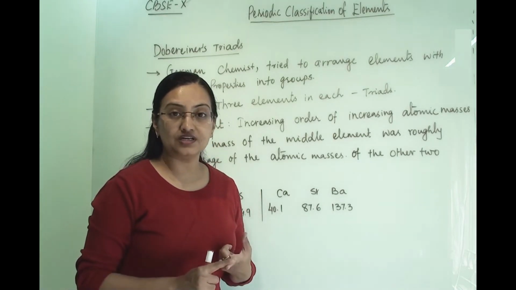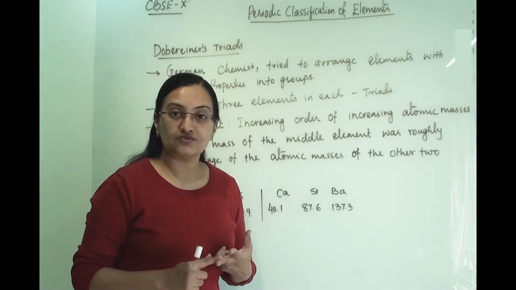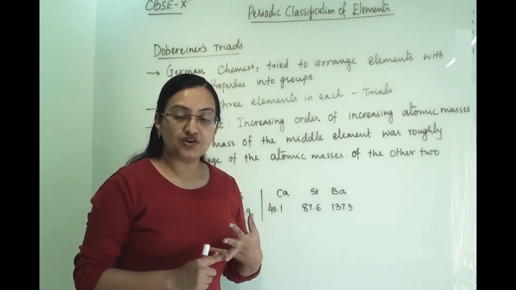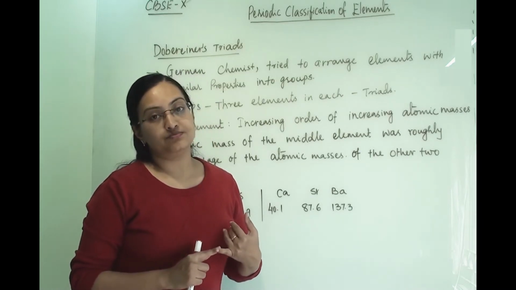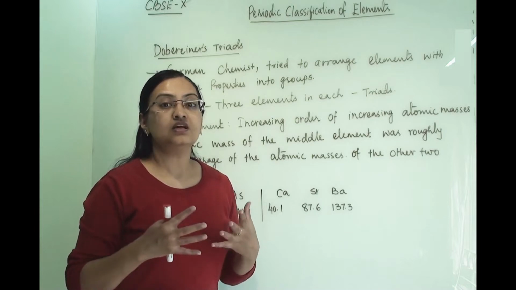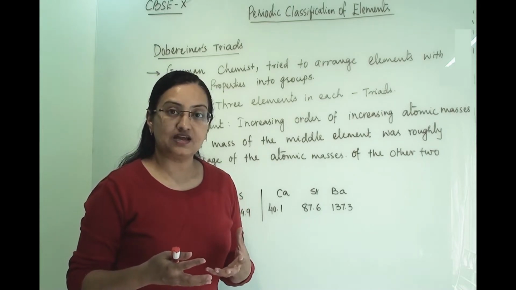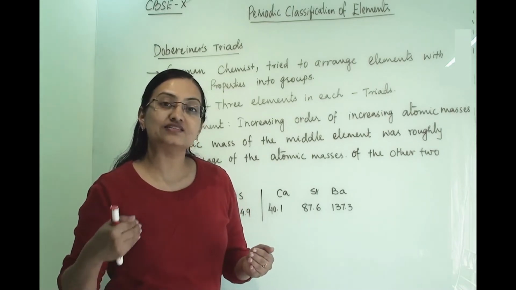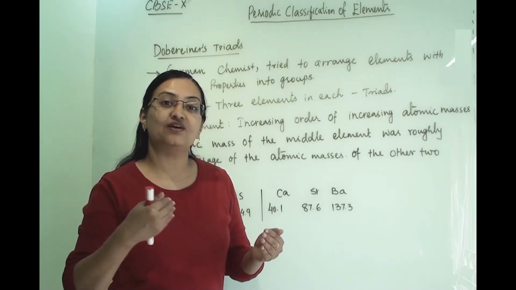First is Döbereiner, then Newlands' Law of Octaves, then Mendeleev's periodic table, and then the modern periodic table. All these were concepts at that time, and from them today's modern periodic table has been derived.